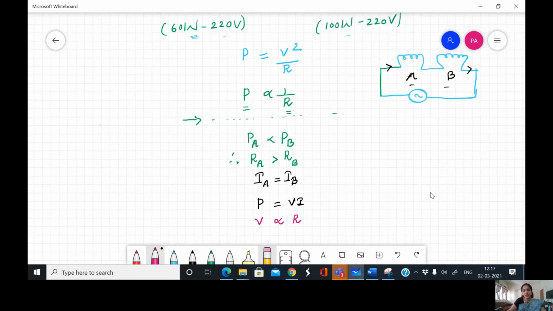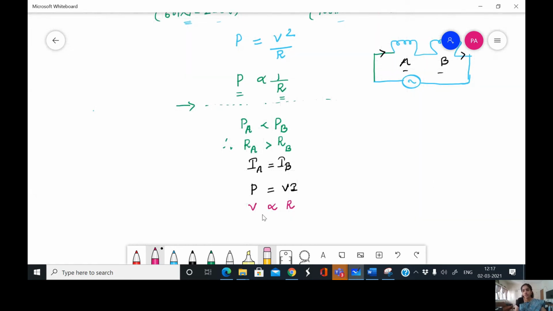If you forgot this concept, please watch the previous video. So we can say resistance is more for A, that means voltage is more for A. Voltage across A is greater than voltage across B. Now the first one is equation number 1, let us take this one as equation number 2, and this one as equation number 3.